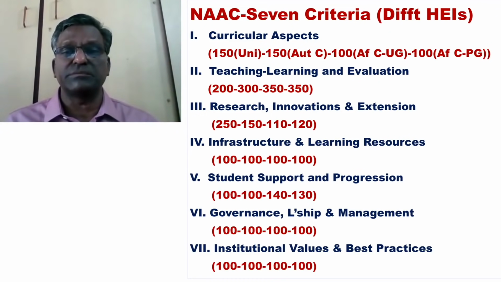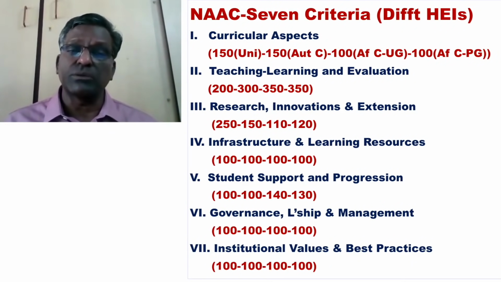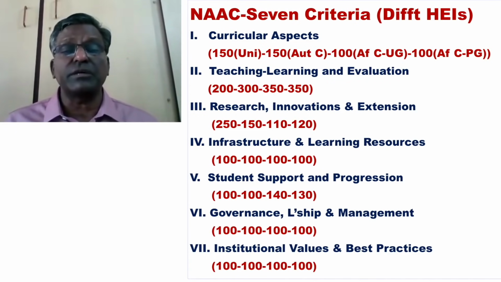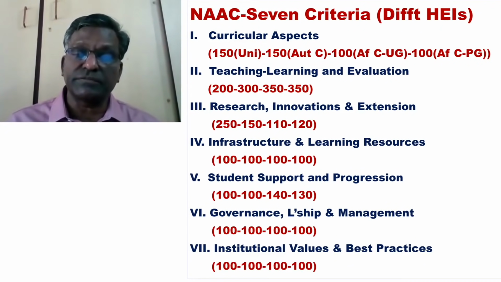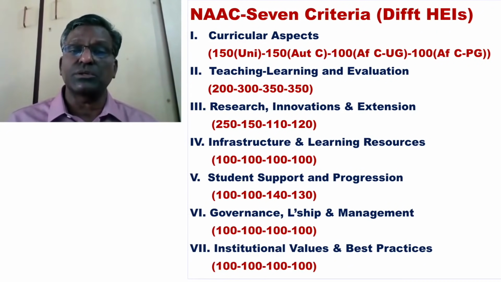Now, the answer is very simple. Universities can frame their own curriculum. Similarly, autonomous colleges also can frame their own curriculum. So therefore, the weightage for curricular aspects with reference to universities and autonomous colleges is higher than affiliated and constituent colleges, because in the case of affiliated and constituent colleges, they have no say in the design of curriculum.